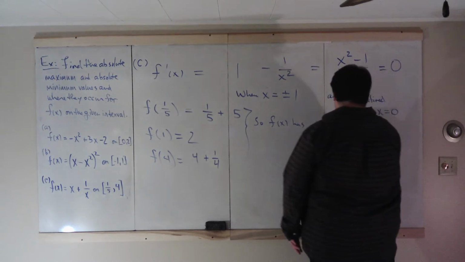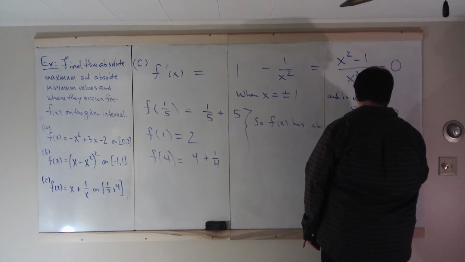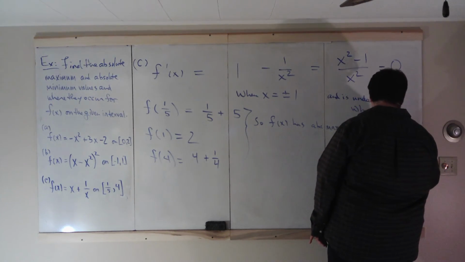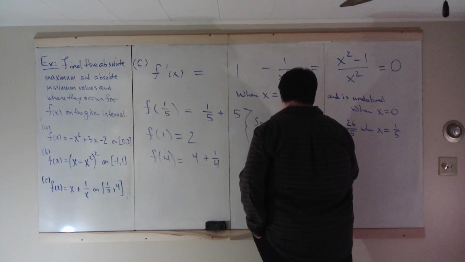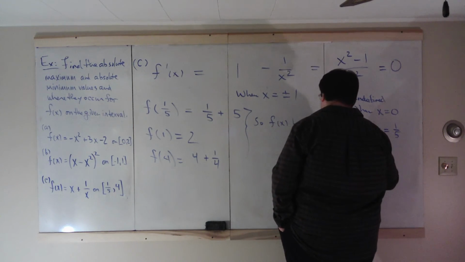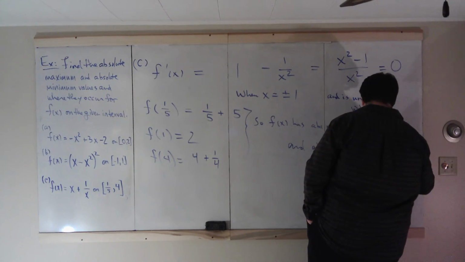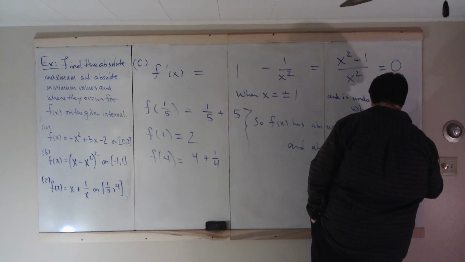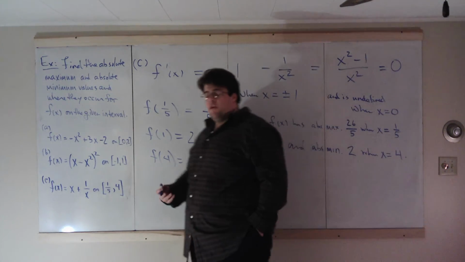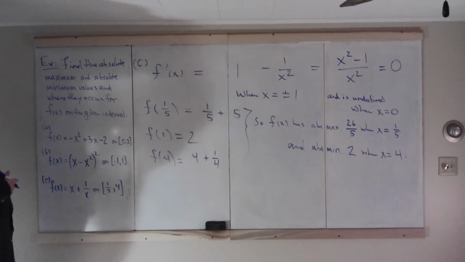So the absolute maximum is, in fact, 26/5 when x equals 1/5. And absolute minimum, smallest, is 2 when x equals 4. So in all of these, we had a largest value, we had a smallest value.